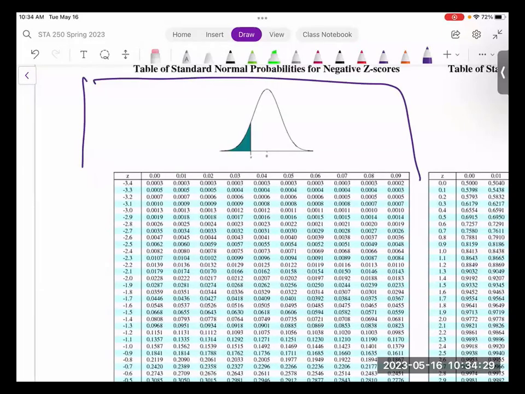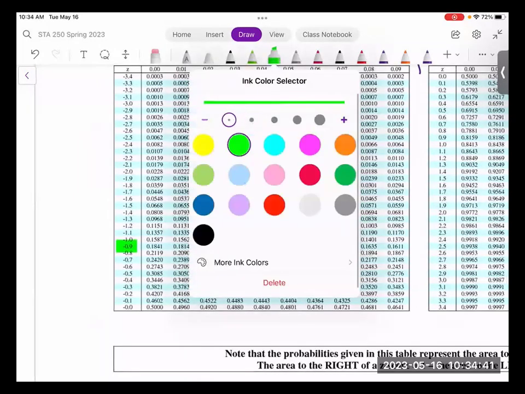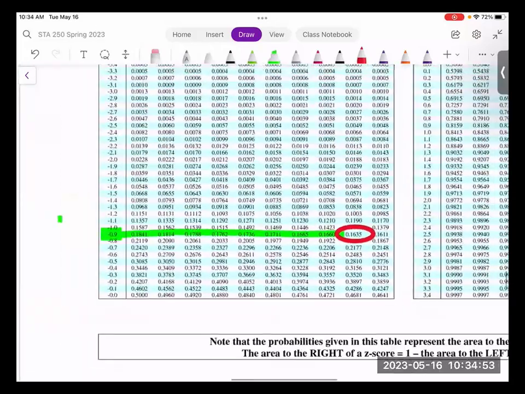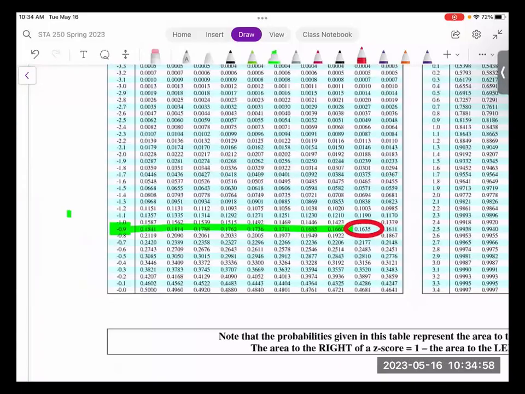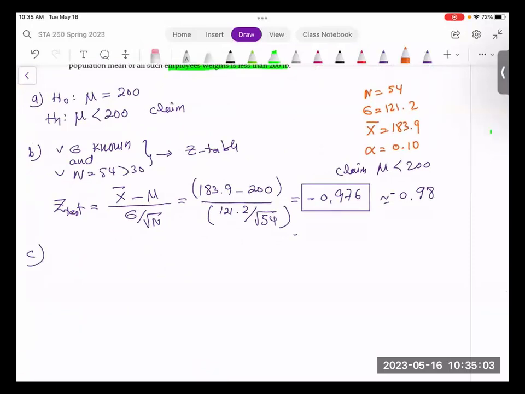So now minus 0.98: 0.9 is over here, and 8 is right here. I'm going to cross them, and this should be your value, 0.1635. Because we are doing only one tail, that's the p-value.